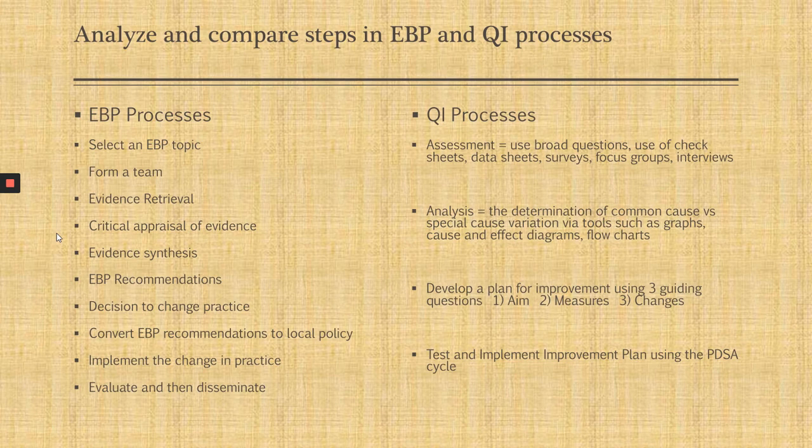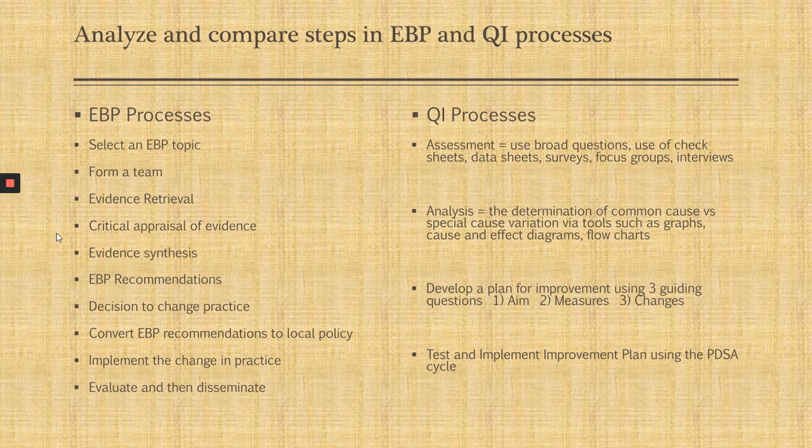Sliding across to the QI process, this is where analysis comes into play. We're determining common cause versus special cause variations through those tools I just described earlier, such as graphs, cause and effect diagrams, and flow charts. That's part of our analysis. Moving back to the EBP process, we're going to synthesize the evidence that we have gleaned that we feel is appropriate, and we're going to come up with certain recommendations.